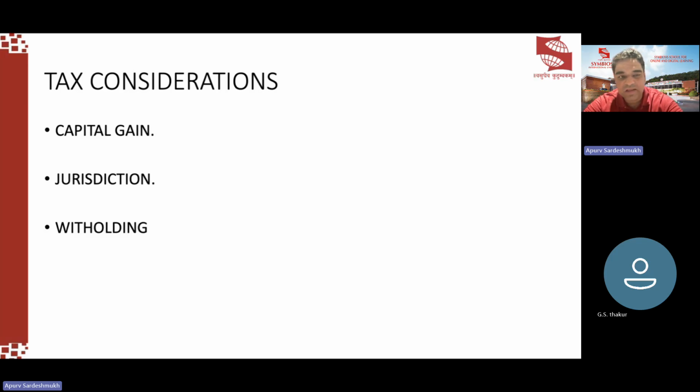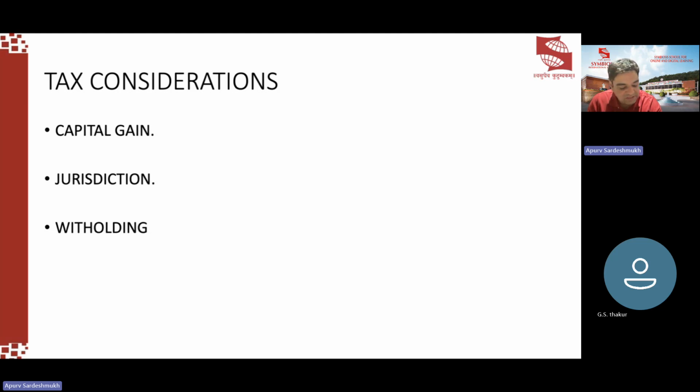The last bit for today is some of the tax considerations. We'll be having a detailed session on tax, but one of the more important parts is the tax consideration of the transaction. So as I said, typically when there is a transaction involving an acquisition, there's a capital gain tax involved.